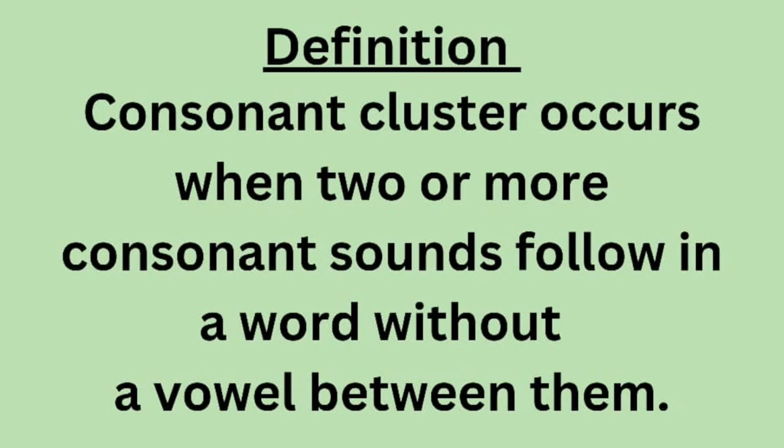Consonant clusters refer to sequences of two or more consonants that occur together within a word without any intervening vowel sounds between them. These clusters can be found either at the beginning, the middle, or the end of words and can greatly affect pronunciation and syllable structure.